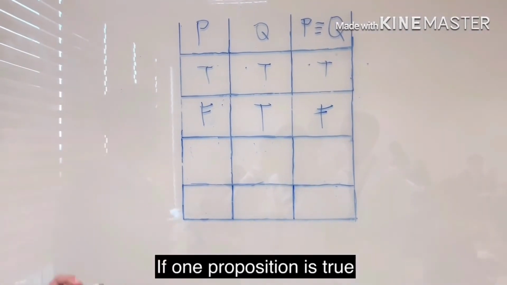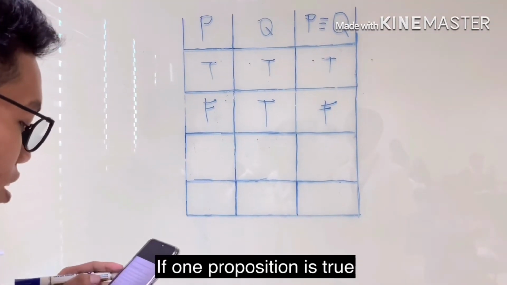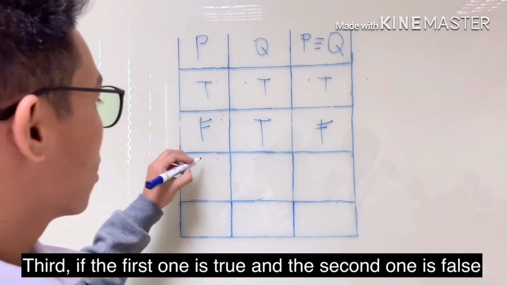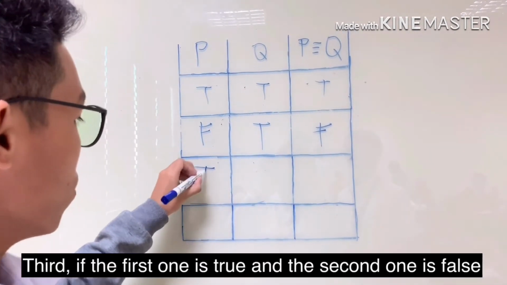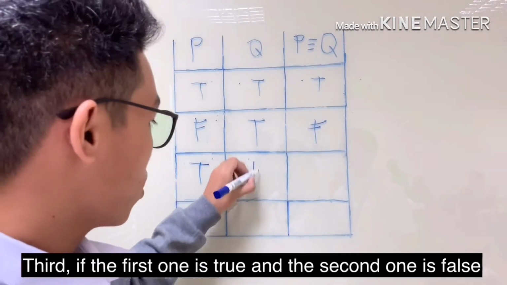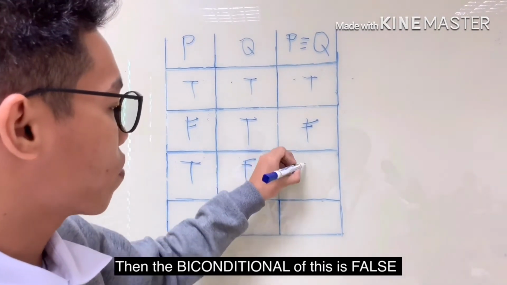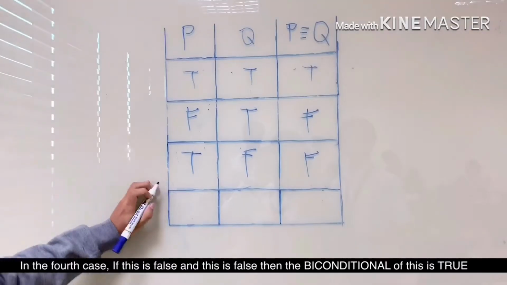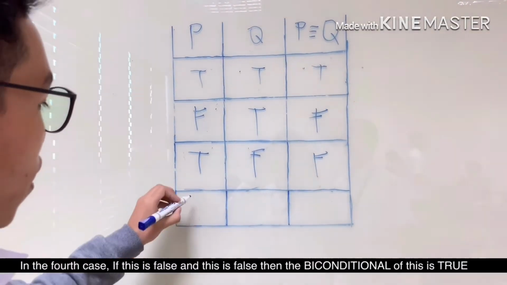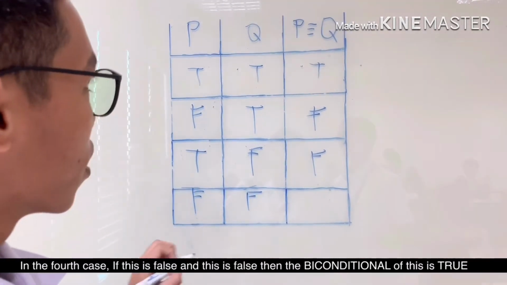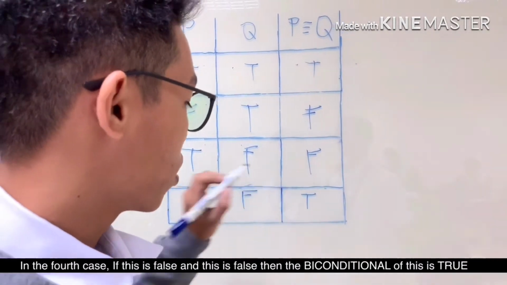If one proposition is true, then the statement is false. Then the third is if this is true and the second one is false, then the biconditional of this is false. In the fourth case, if this is false and this is false, then the biconditional of this is true.